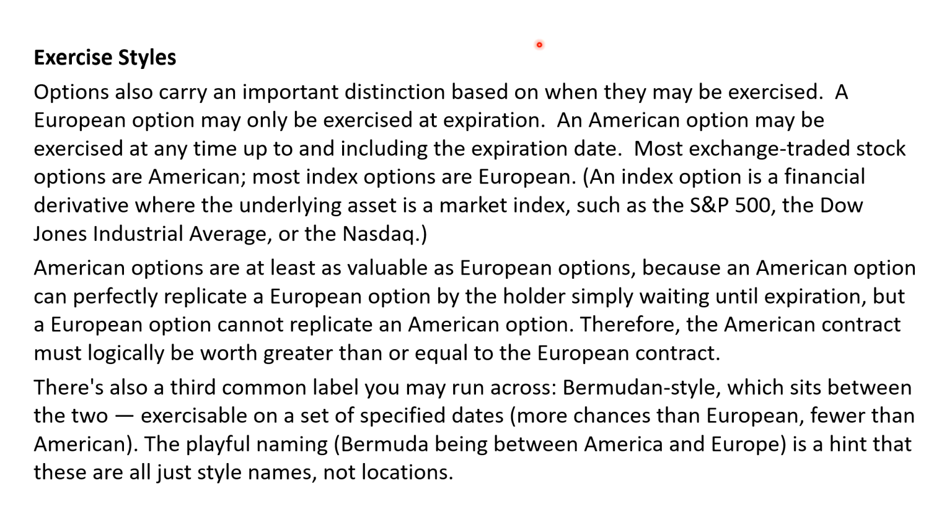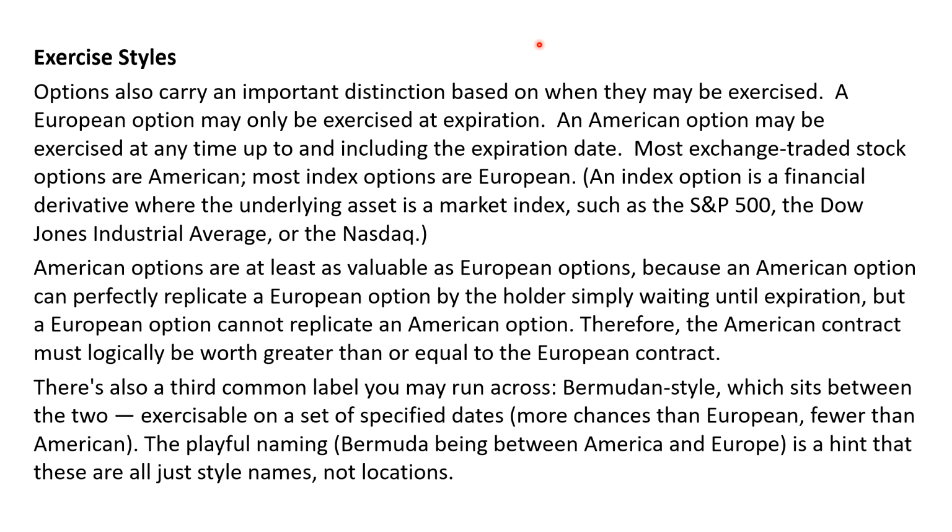Most exchange traded stock options are American style, and most index options are of the European style. So an index option is a derivative based on a market index like the S&P 500, the Dow Jones Industrial, the Nasdaq, some of the markets in Europe, Japan, and the Far East.